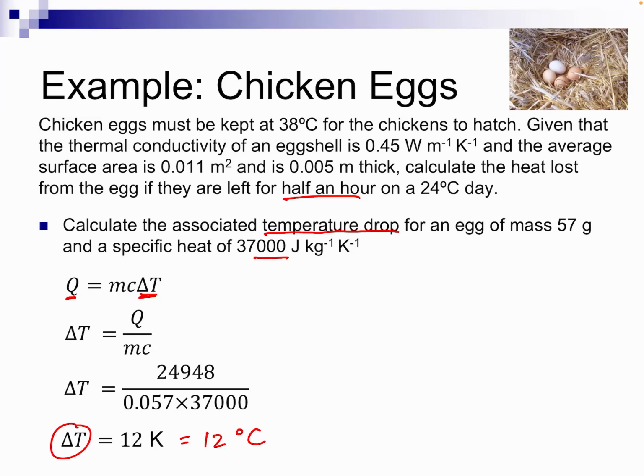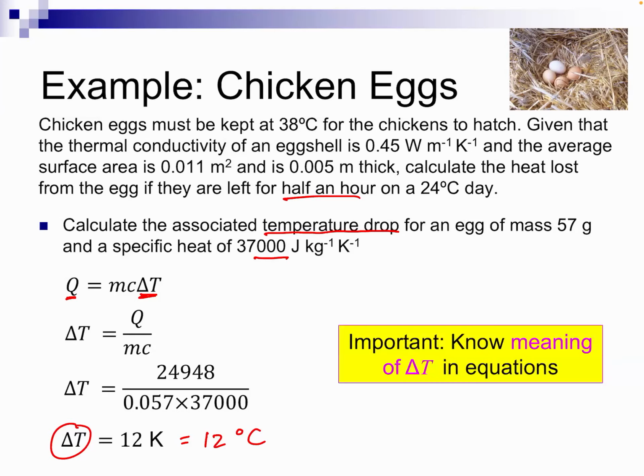Good. All right, so it's quite important to know the meaning of delta T in the equations, because so far we have encountered two equations for Q. One equation yesterday, Q equals MC delta T, and today's equation on heat transfer, Q, having delta T as well. Q equals MC delta T refers to the change in temperature as a result of heat being transferred from hot to cold objects; their temperature will change.